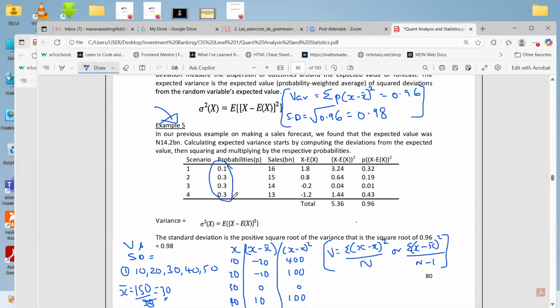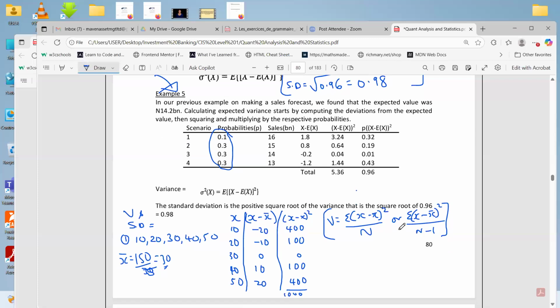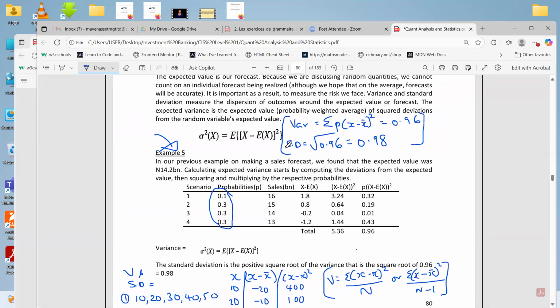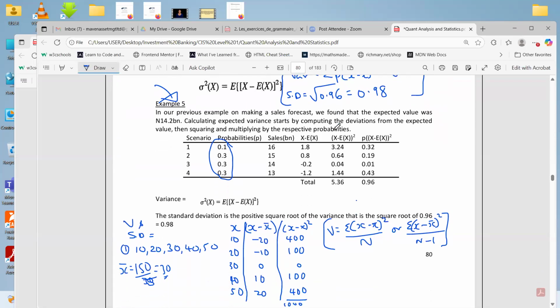When you don't have probabilities, stick to the original formula. But once probability comes in, please use this. Are you with me, guys? Yes, sir. Okay, please note that.